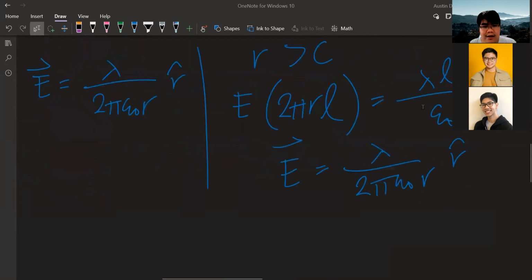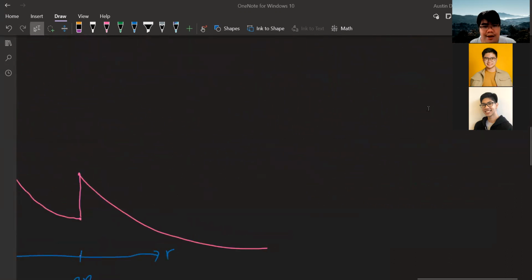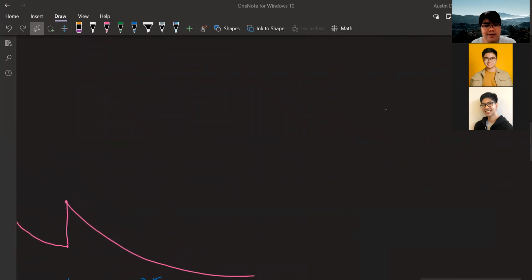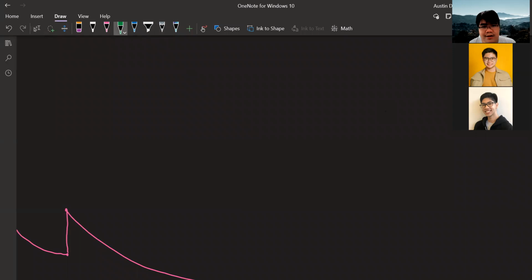Okay. If you remember charging by induction, let's say you have a charged ball. This is a conductor, right? Your green one. Then you mount it on an insulating support. The blue one is the insulator. Then you get a material that is positively charged.